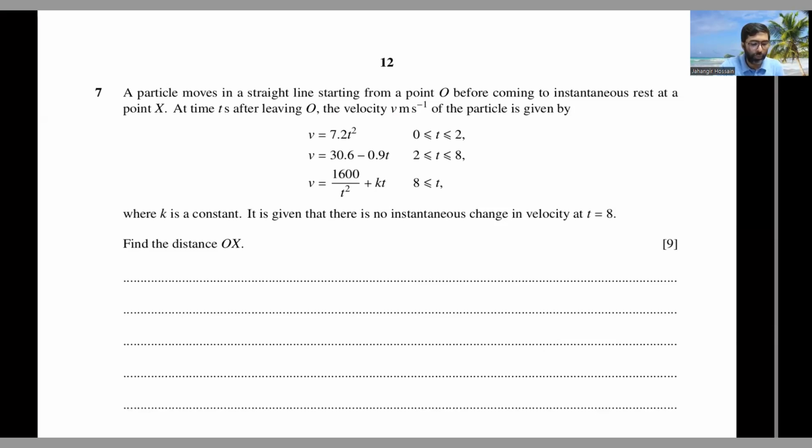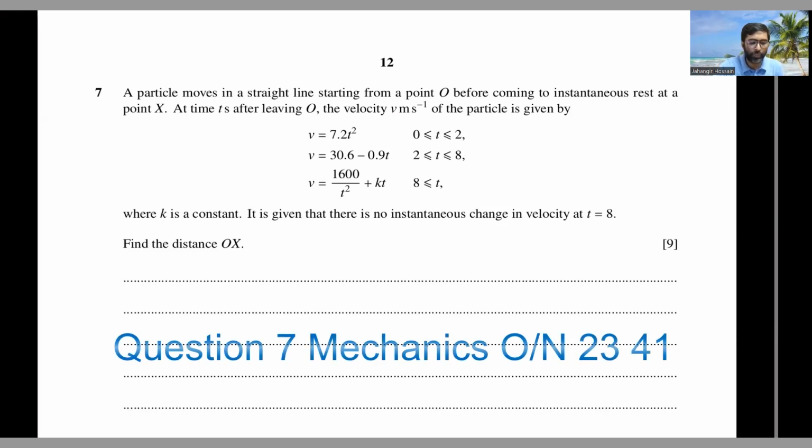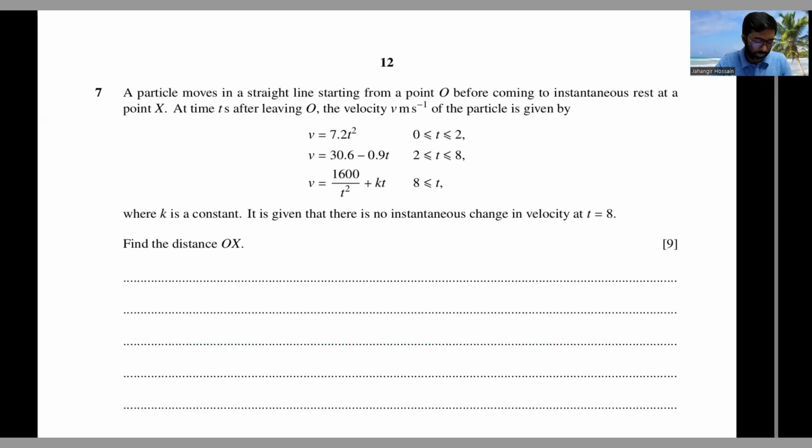A particle moves in a straight line starting from point O before coming to instantaneous rest at point X. At time t seconds after leaving O, the velocity of the particle is given, where k is a constant. It is given that there is no instantaneous change in velocity at t equal to 8.